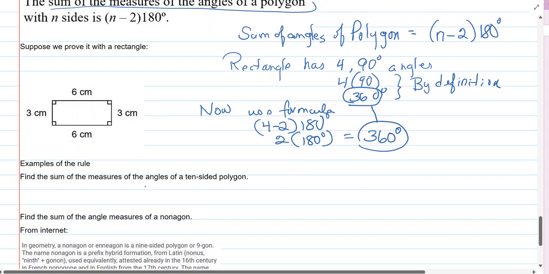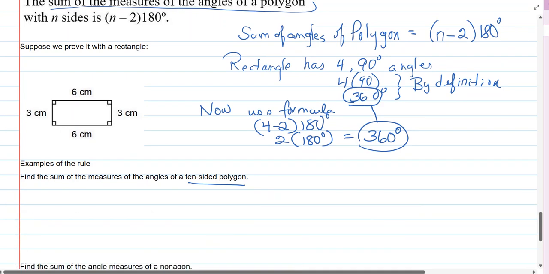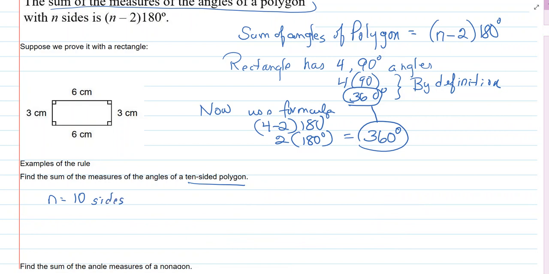Find the sum of the measures of the angles of a 10-sided polygon. Okay, so my n is 10 sides, and we want the sum of angles.